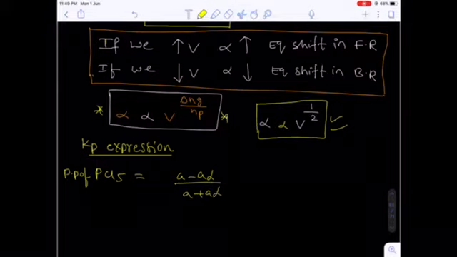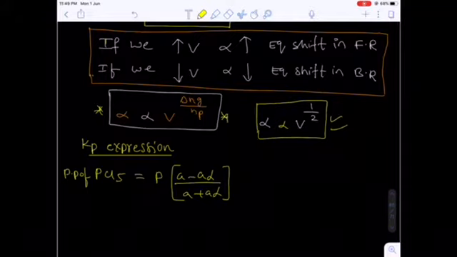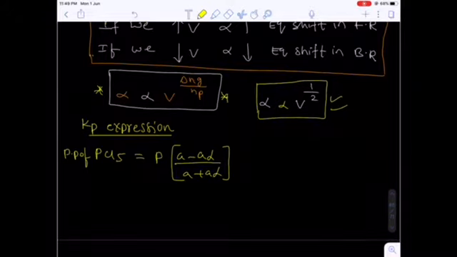So partial pressure of PCl5 is A minus A alpha by total moles A plus A alpha, into the equilibrium pressure. Let's suppose P is the equilibrium pressure. Are you getting my point?